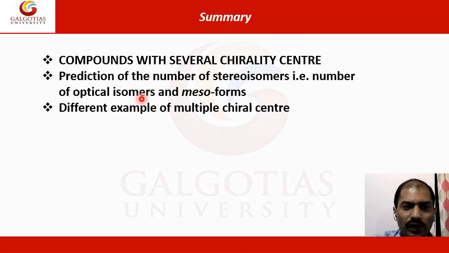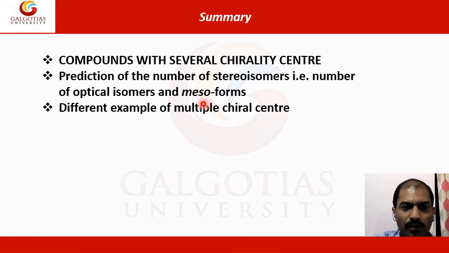We discussed compounds with several chiral centers, their different optical forms, whether they are optically active or not, and whether they have meso forms where a plane of symmetry is present. We checked the number of optical isomers and meso forms with different kinds of examples, like multiple chiral centers.